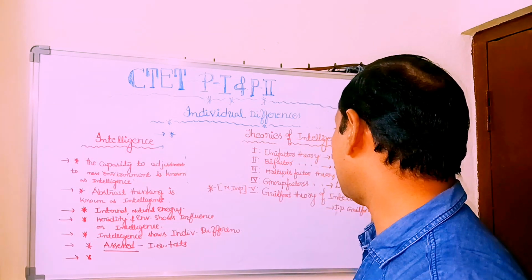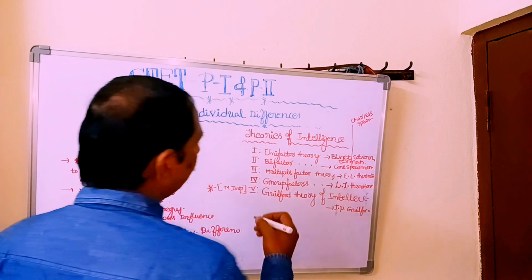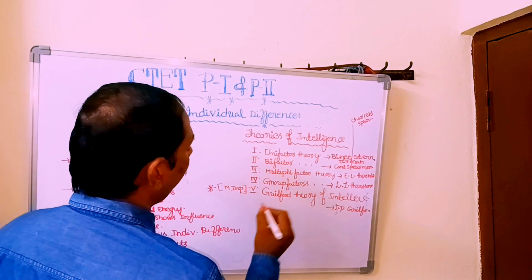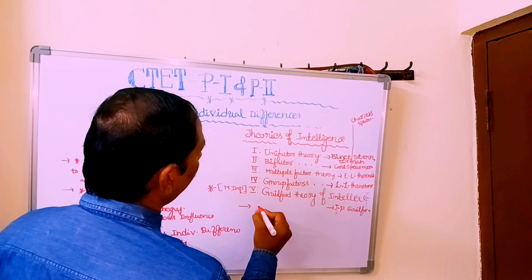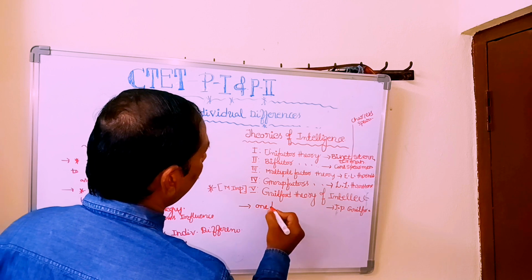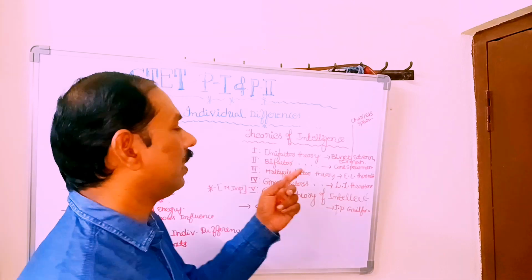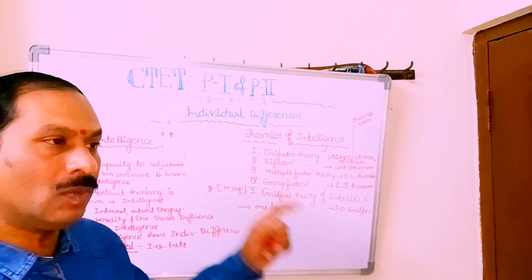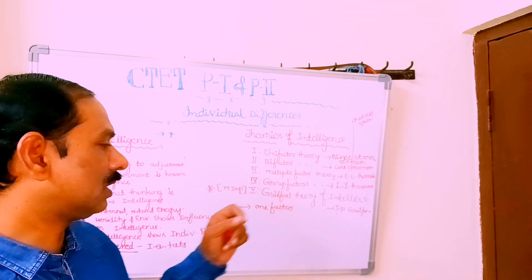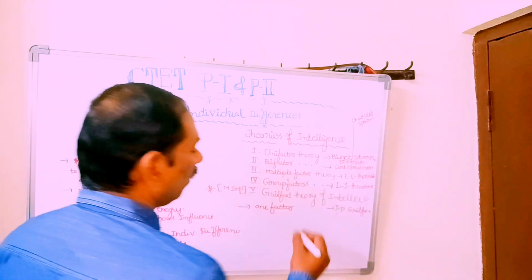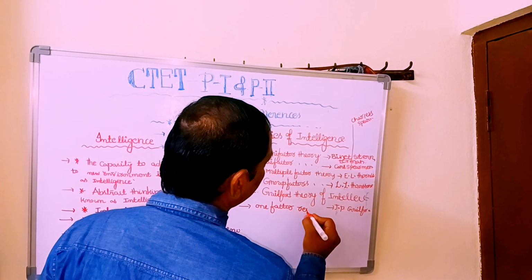One by one, unifactor theory. Unifactor theory is nothing but they believe that only one factor is responsible for intelligence.